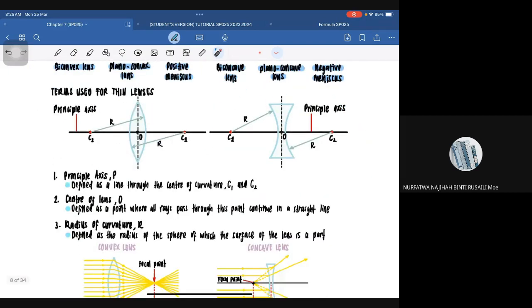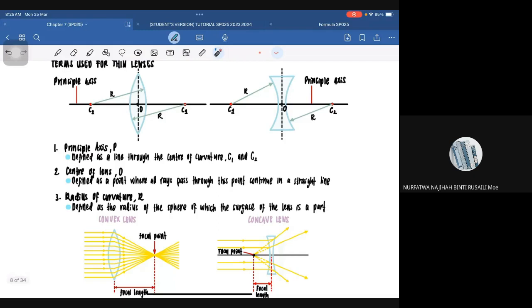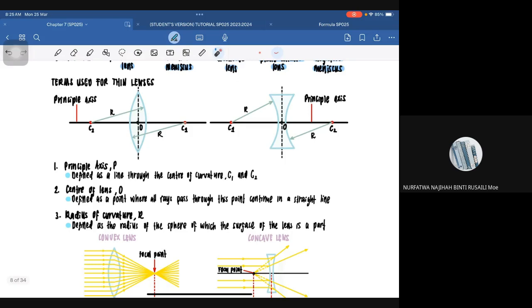Lepas tu sama juga kita ada terms used untuk thin lenses. This one is the same as mirror. Tidak pun tambah-tambah. Cuma untuk yang ini kita ada 2 center of curvature lah sebab dia a combination between 2 surfaces lah. Tapi ini kita panggil lenses lah. Kalau kamu tengok di sini sepatutnya kamu boleh agak yang ini adalah satu circle.